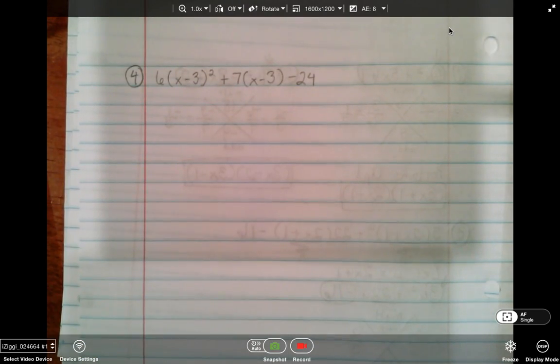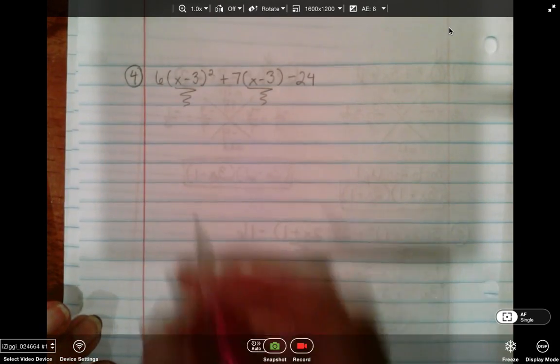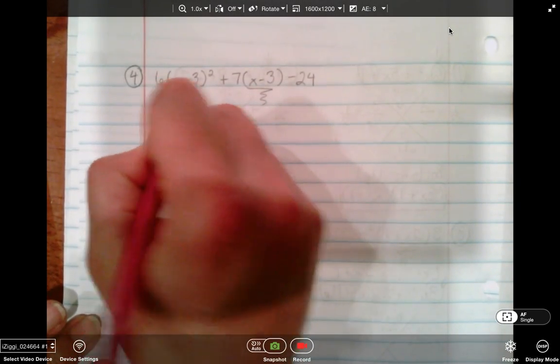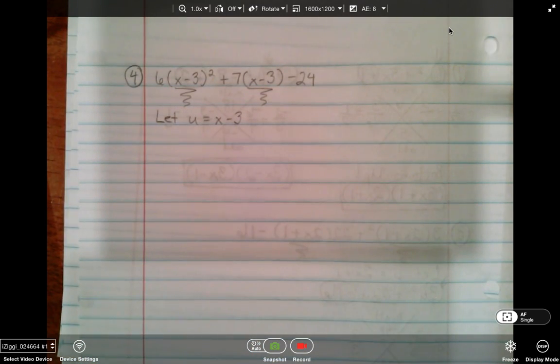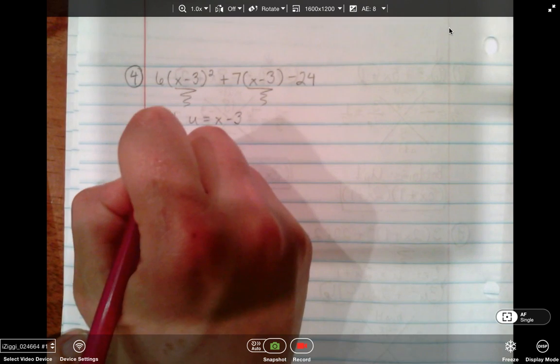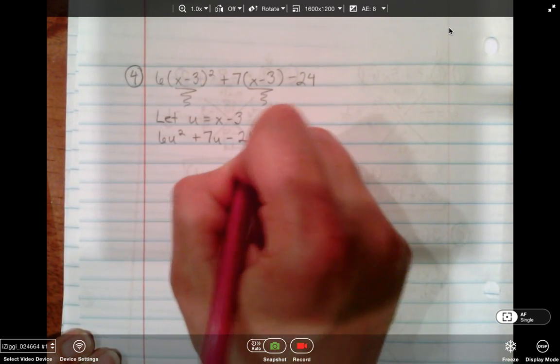Again, yikes, I don't like those parentheses, so I'm just going to let u equal x minus 3. I'm just letting u be the argument of the parentheses, what's inside the parentheses. So then this becomes 6u squared plus 7u minus 24.